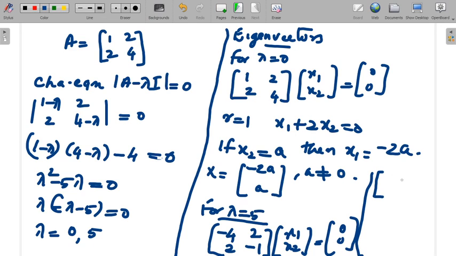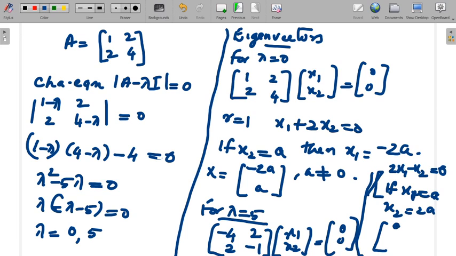The first equation is minus 2 times the second equation. So we have the equation 2x1 minus x2 equal to 0. I am not going to repeat everything. So if x1 equal to a, x2 equal to 2a. So we get the eigenvector as a, 2a.